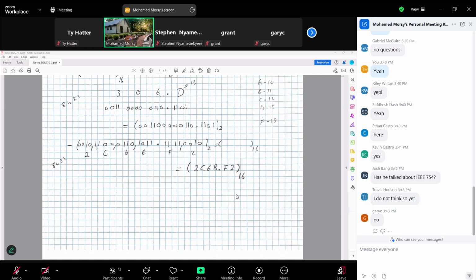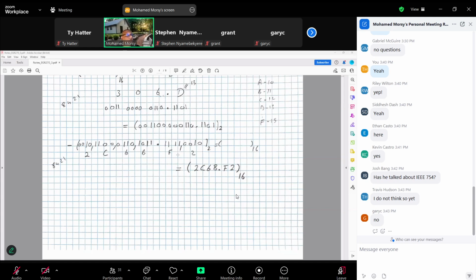0110 is 6, 0011, which is 12, corresponds to C in hexadecimal. 0100 is 2. The same after the binary point, we divide it into groups, each group again 4 bits.